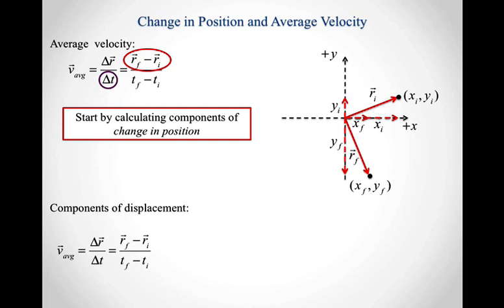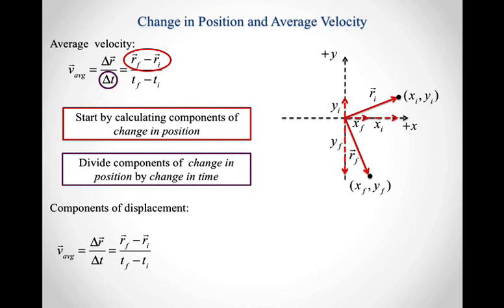The average velocity cares about the time it takes to go from one position to the other. The change in position doesn't care about that time factor. So when I calculate the average velocity, I'm going to work my change in position problem and then just add this extra step of dividing the components of the change in position by the chunk of time between the initial and final points in time.